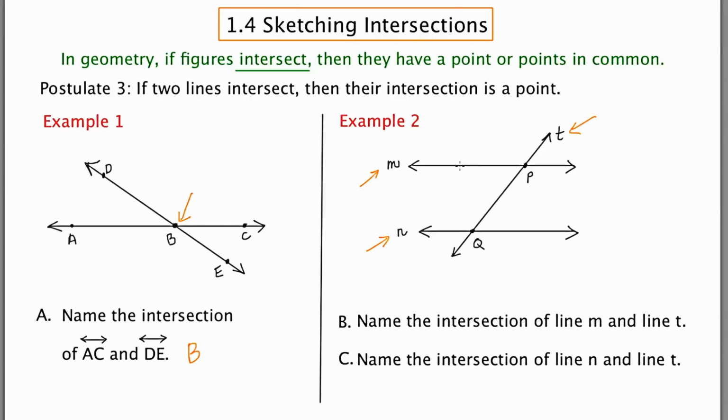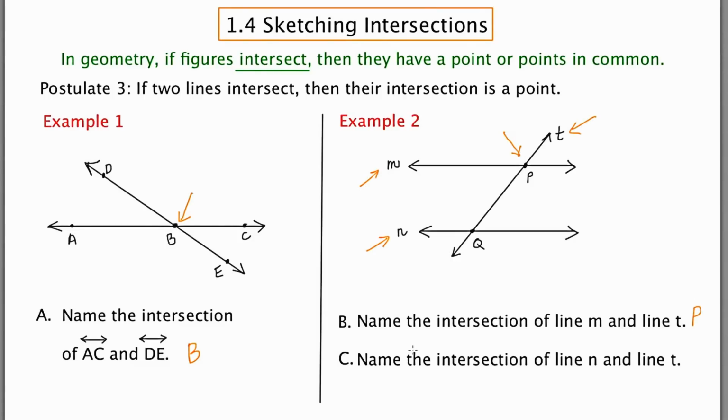So we have to ask ourselves the question, do lines M and T actually intersect? Do they cross each other? And if so, where? Well, if I trace line M with my finger and I trace line T with my finger, sure enough they do cross, and they cross right here. Point P.